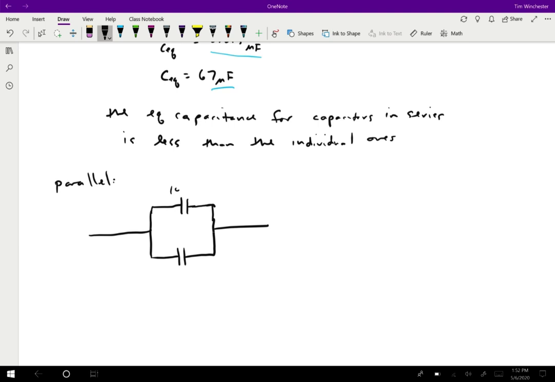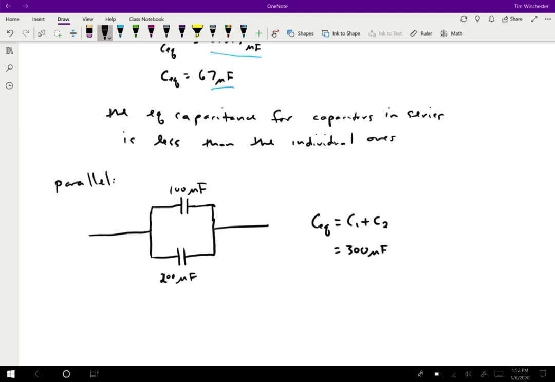Let's have 100 microfarads here and 200 microfarads here. In this case, the formula was C equivalent equals C1 plus C2. So in this case, that's going to be just 300 microfarads.